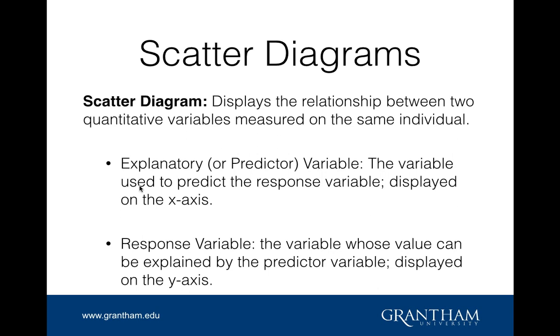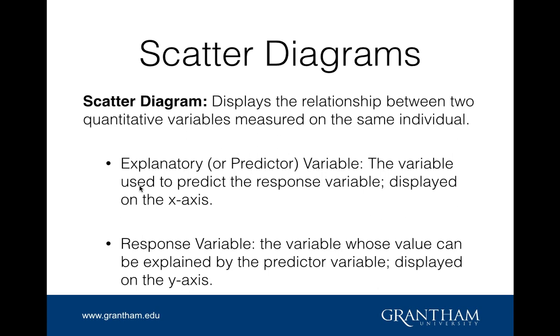Now, the SAT score would come first. It's what I'm using to predict. Whatever comes first in the time series would be referred to as the explanatory or predictor variable. So my SAT scores would be my predictor variable.